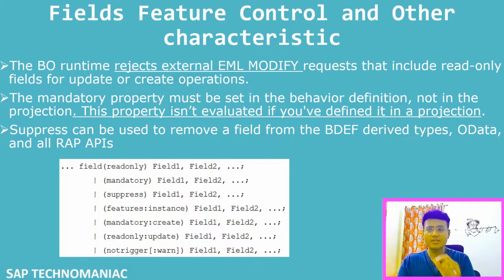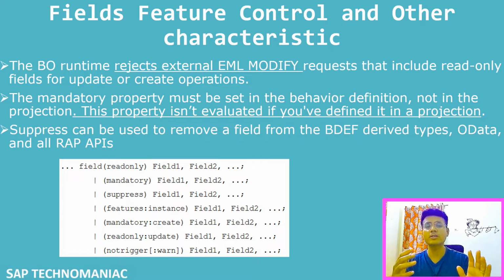And the third thing, which is very important: we discussed read only and mandatory in the initial part also, but suppress we didn't discuss. Suppose for one field, I neither want to display it on the front end UI, nor during the implementation, or in the OData service and REP BI, anywhere.